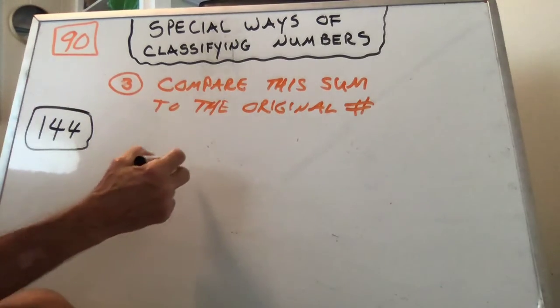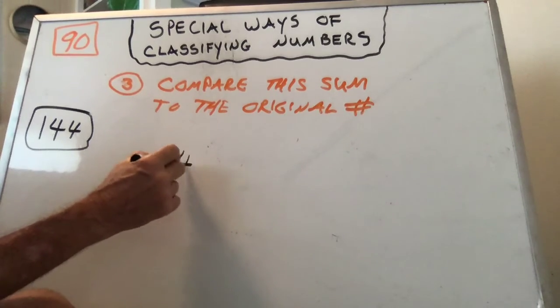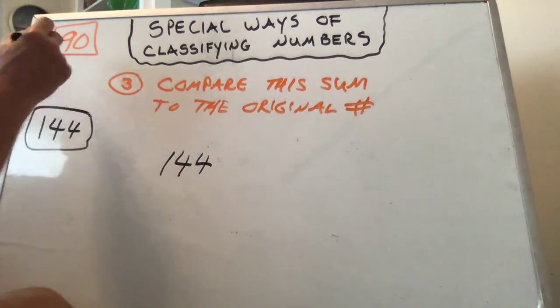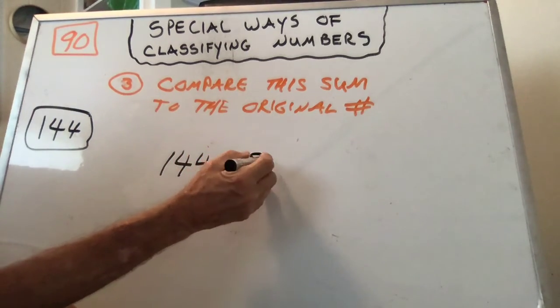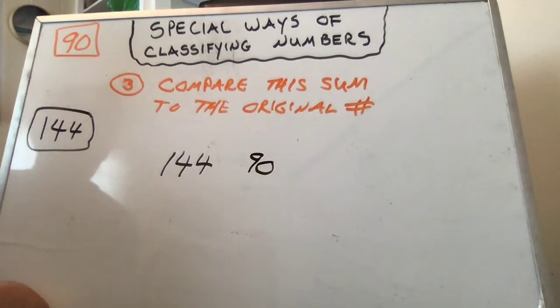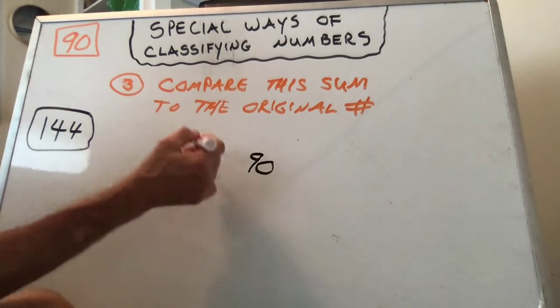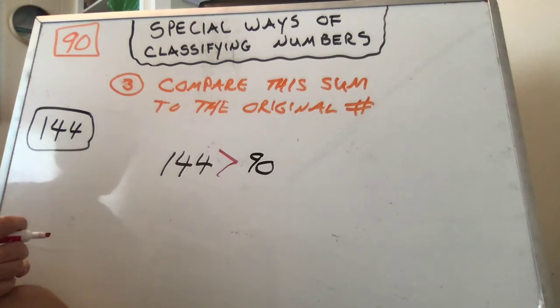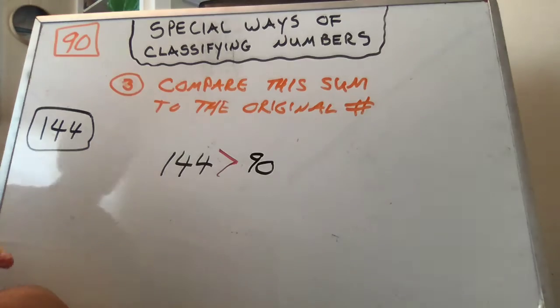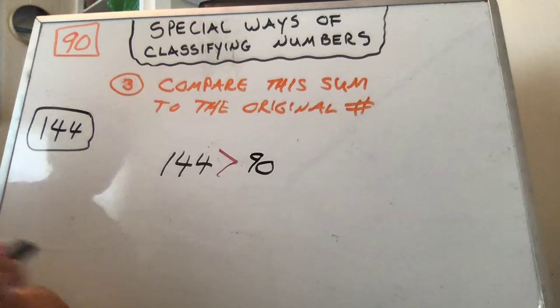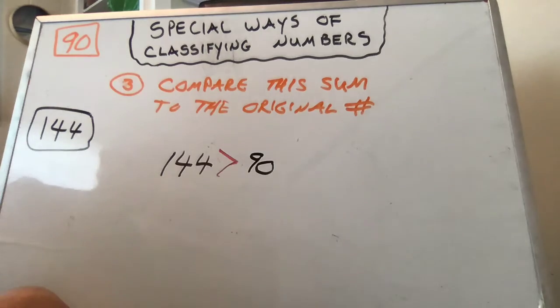So when we look at 144, that's the sum, and we compare it to 90, okay, we can see that 144 is bigger. So the sum is bigger than the original number. So when we add all the factors up, it's more than the number itself. So there's 3 ways to classify a number. We're classifying 90.